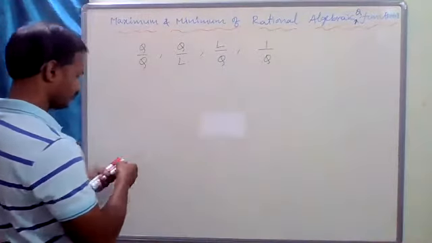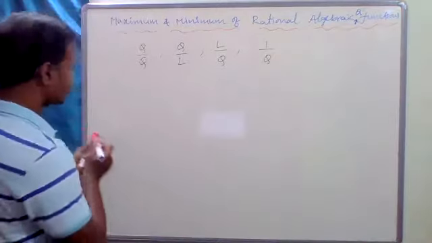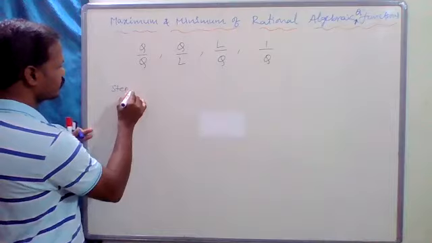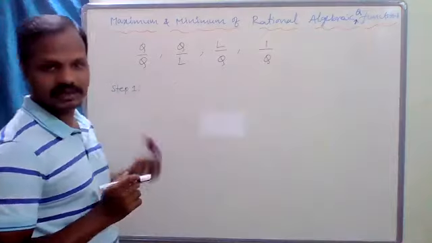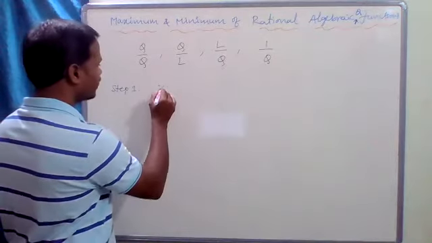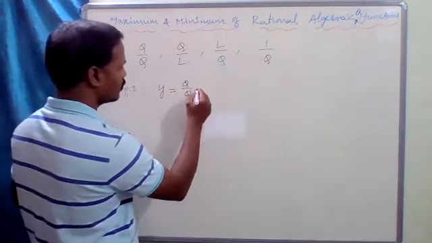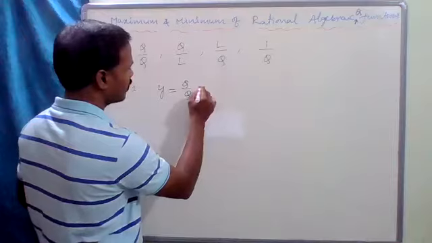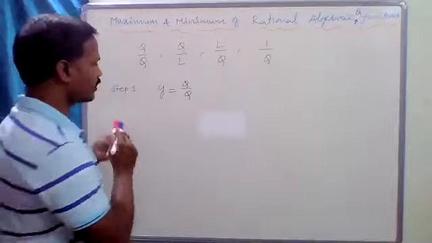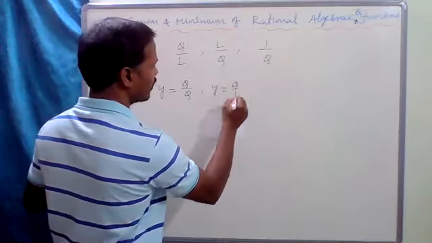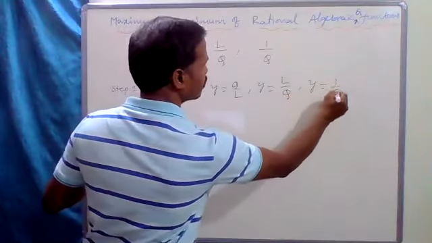first, step 1: you have to write the given expression as y equal to q by q, y equal to q by l, y equal to l by q, and y equal to 1 by q.